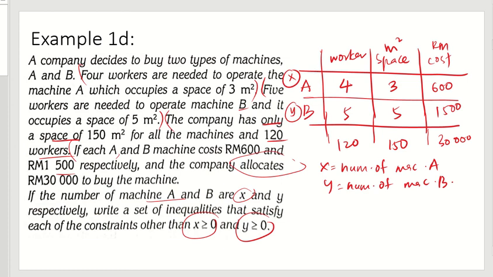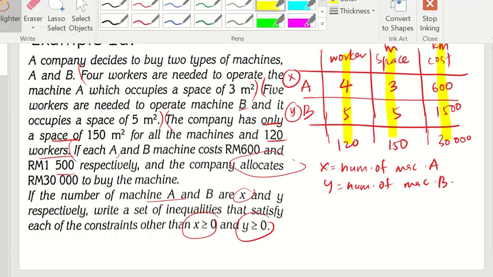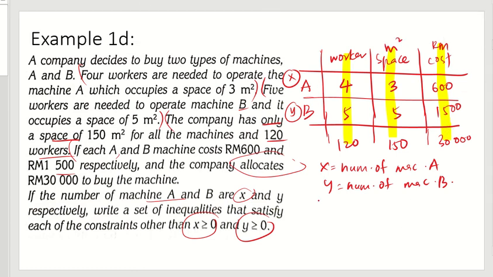From here, what are the 3 inequalities you can form? 1, 2, 3. The first inequality is about the workers, the second is the space, and the third is the cost. Can we do it one by one? First, the number of workers.